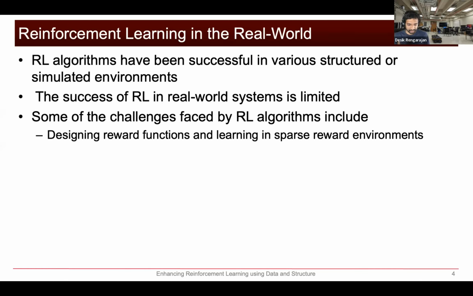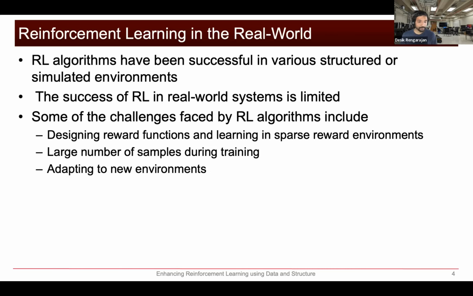One of them is designing reward functions and learning in sparse reward environments, because your reward function tells you what the actual task is that you want your agent to solve. Hence, designing these reward functions is a very hard problem, which I'll talk about in this talk. Second, reinforcement learning algorithms generally require a large number of samples during training, which is hard to collect in many real-world scenarios.